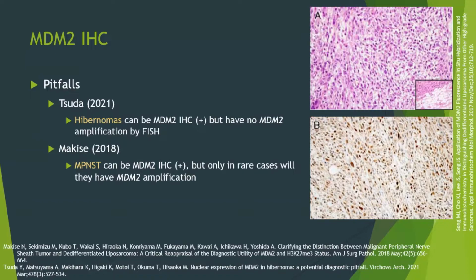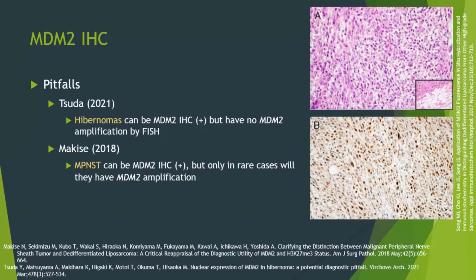It was found that these tumors express a protein called USP7, which stabilizes MDM2, resulting in nuclear expression of MDM2 by IHC. This is important because hibernomas may be a differential diagnosis for atypical lipomatous tumor, well-differentiated liposarcoma.